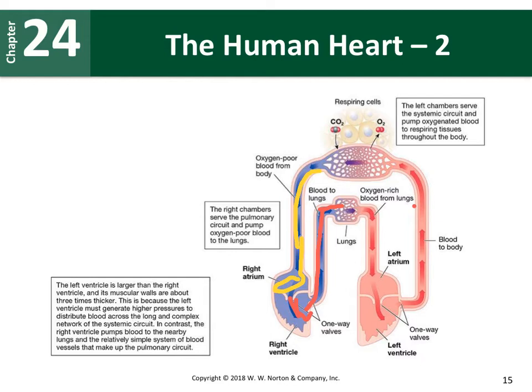So now we have oxygen-rich blood that goes to the left atrium, and then it's pumped through these one-way valves into the left ventricle, and then it is pumped through the rest of the body and into the capillary beds, where the exchange of oxygen and nutrients happens.